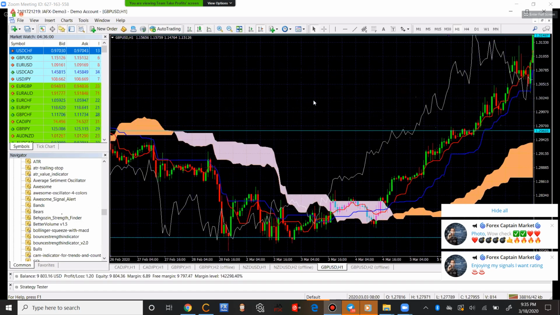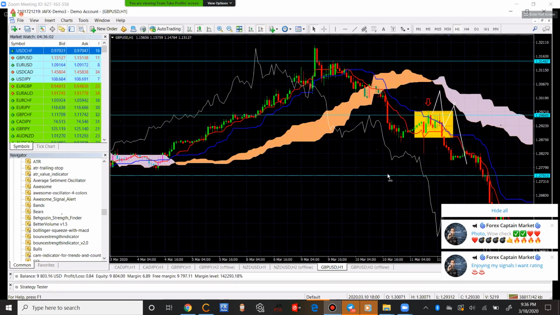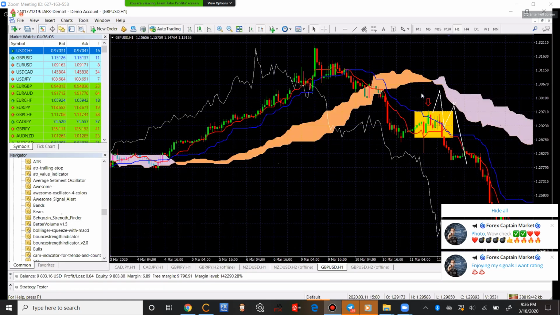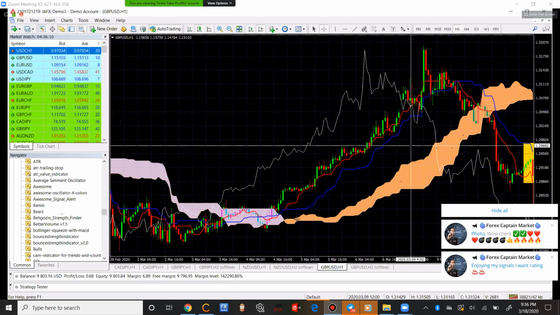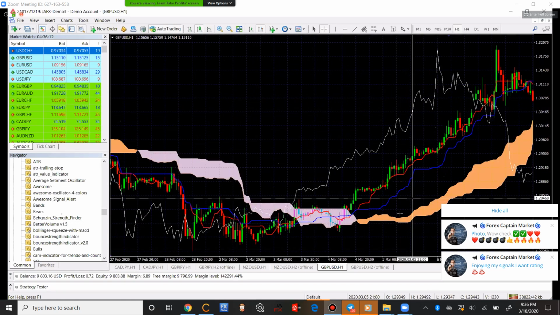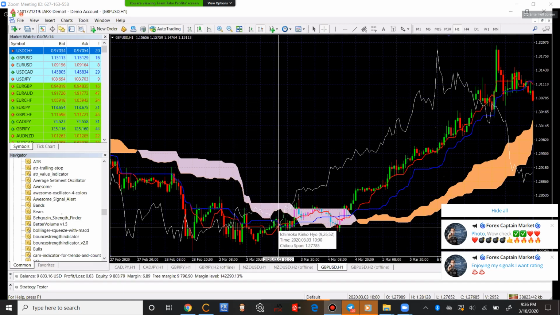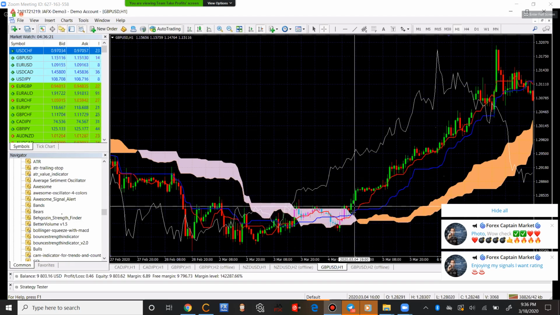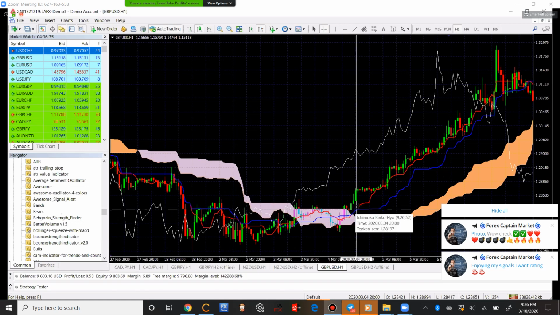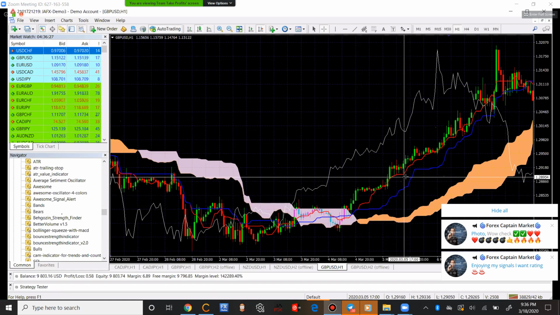So over here, this is an Ichimoku. If you guys don't know, one of the few good things about this indicator is it has its own built-in way of helping you understand money management. If these candles are ever above the cloud and close above these two lines, you're pretty much golden.